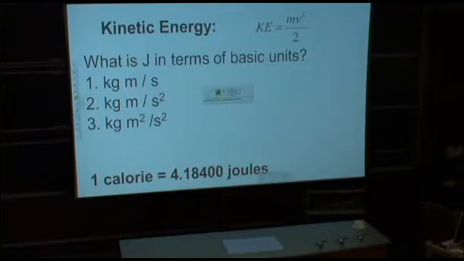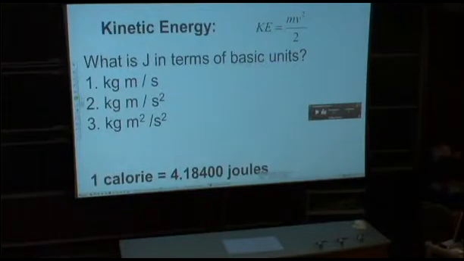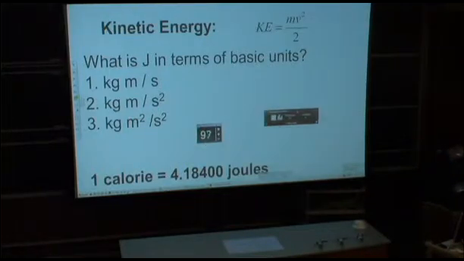Let's spend 30 seconds on this question. What do you think should be the joule in terms of basic units? You remember that a Newton, for example, is a composed unit.